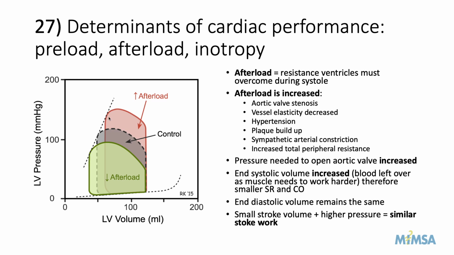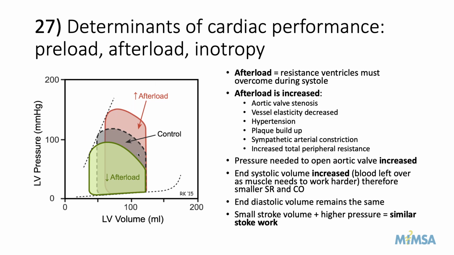So if the afterload is increased, the stroke volume is decreased, because it doesn't have enough energy to push out the whole amount of blood that it had. Your end diastolic volume is the same, because if your preload is the same, your end diastolic volume doesn't change. Whereas in this case, your end systolic volume has changed. Your end systolic volume increases when your afterload increases.